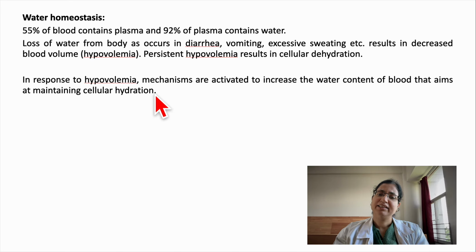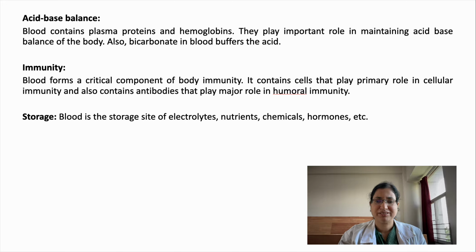So here, different types of negative feedback mechanisms will be activated to restore the blood and water in the body. For example, more ADH will be secreted and the kidney will absorb more water. So here the blood has an important role in the homeostasis of water.